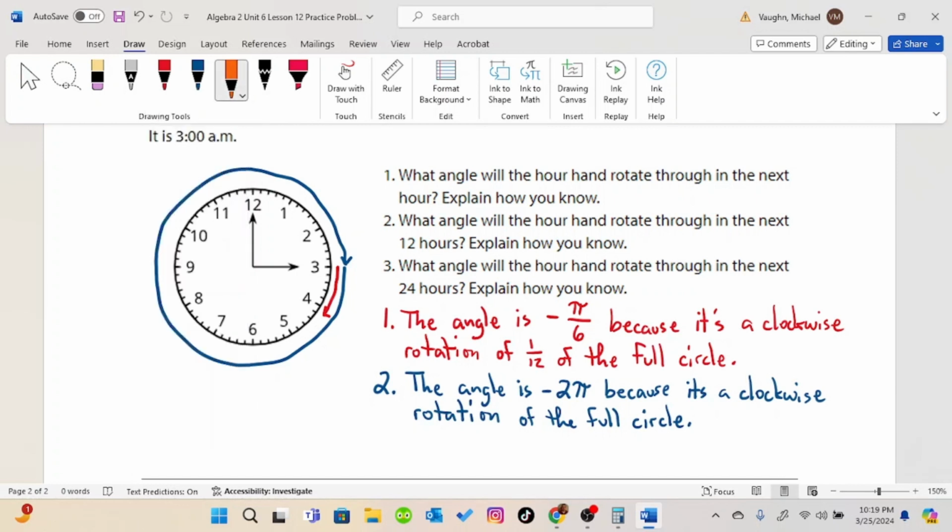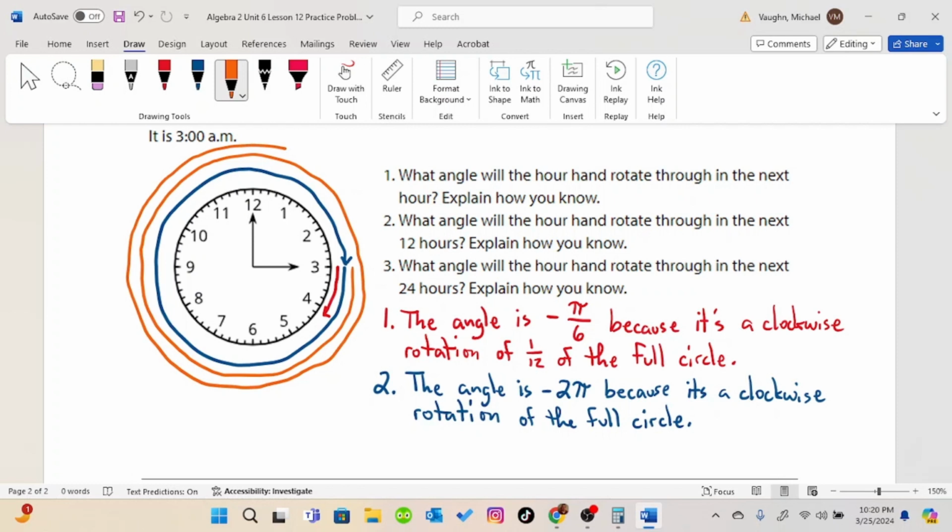And number 3, what angle will the hour hand rotate through in the next 24 hours? Well, in 24 hours, it'll make 2 full rotations around the circle. The first rotation will mark 12 hours, and another full rotation will make it 3 a.m. the next day.